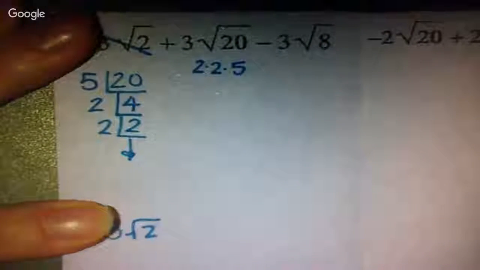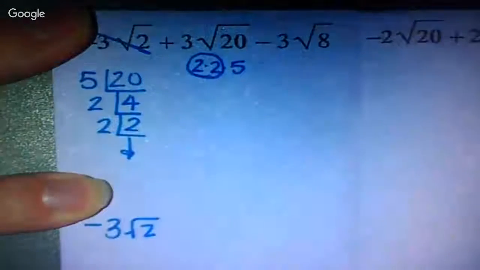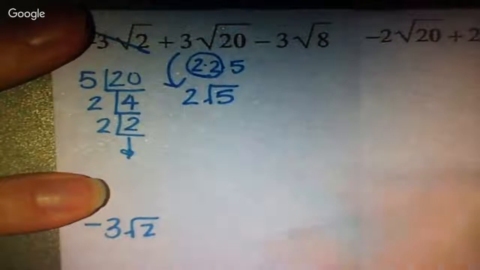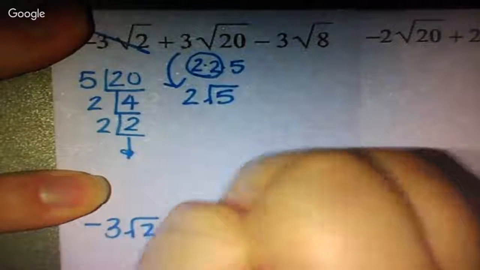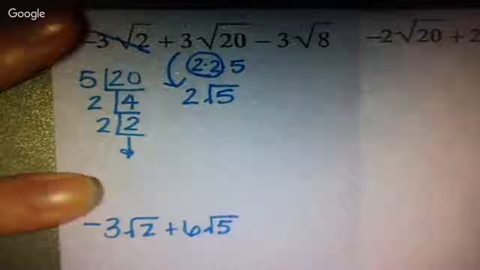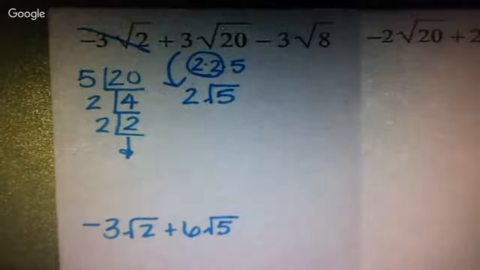What am I grouping in? What's my index? 2's. That's a square root. So this 2 comes out front, and I'm left with the square root of 5. Don't forget to bring down this 3, though. So this actually becomes plus 6 square roots of 5. Do you add those? You multiply them. 3 times 2. Yeah. Okay. You're fine. Now is the time to ask me questions.